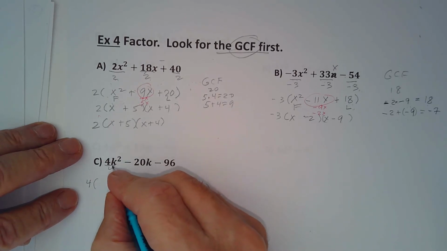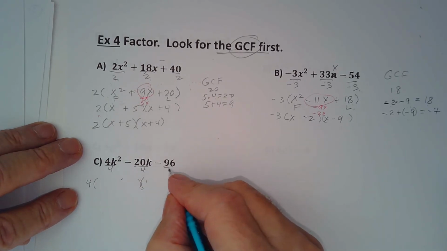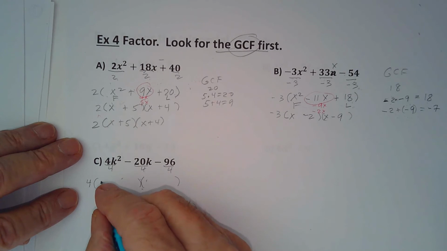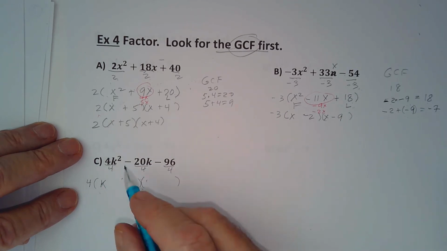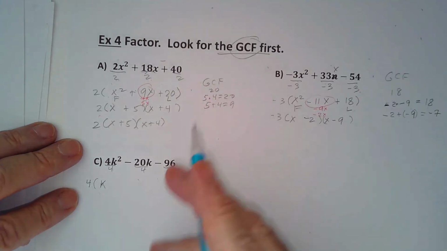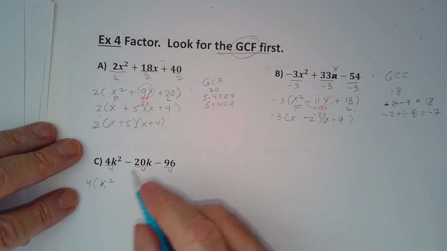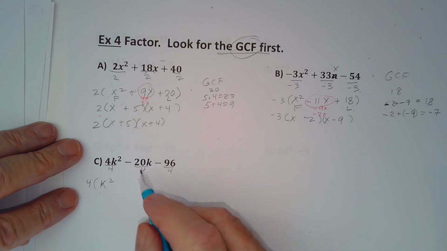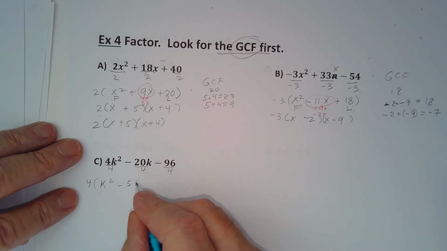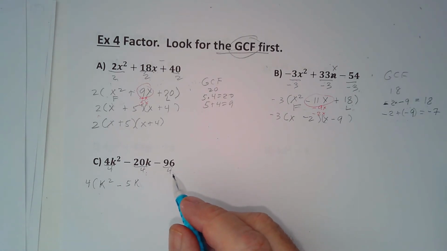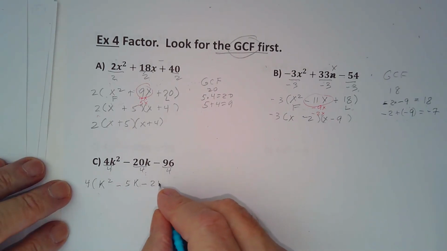But up here, divide by 4, divide by 4, divide by 4. 4 divided by 4 is k squared. And let's set this up as a trinomial first before we try to do the 2 binomials. So k squared. And negative 20k divided by 4 is negative 5k, all right? Because negative 5 times 4 is negative 20. And negative 96 divided by 4 we said was negative 24. So there's our new trinomial.